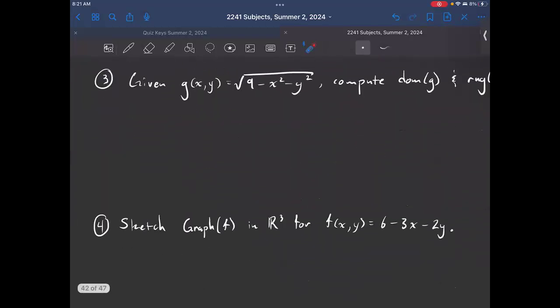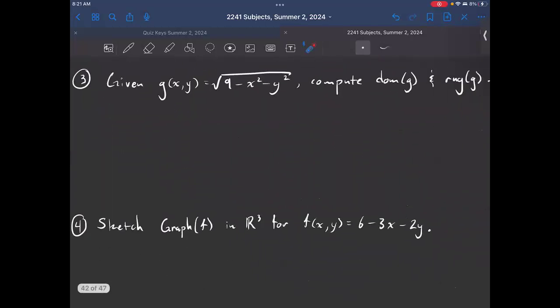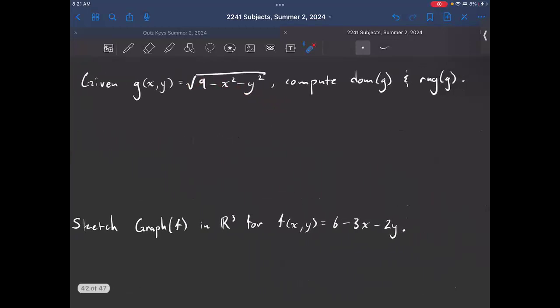All right, next problem. Given this function, G of x, y equals square root of 9 minus x squared minus y squared, compute the domain of G and the range of G. All right, well, domain, we've seen that before. We look for division by zero, square roots or logs. We have a square root here, so we want to be careful with that.